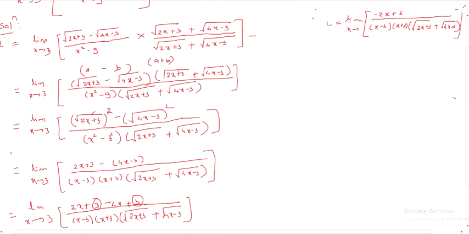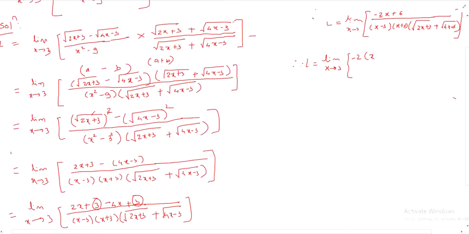Okay. Now therefore L is equal to limit x tends to 3, and here we can take minus 2 common, then the terms become x. Since we take the negative sign common here, we have to divide the remaining terms by minus 2.